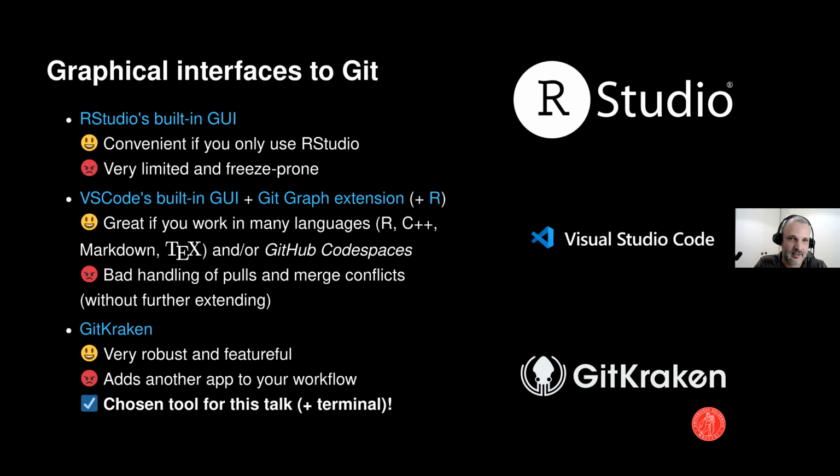The downside of using GitKraken is that it's basically adding another app to your workflow. If you use RStudio, you would have to use RStudio for your coding, and then GitKraken to handle your repository. Same thing with VS Code, and that's kind of a handful, I would guess.